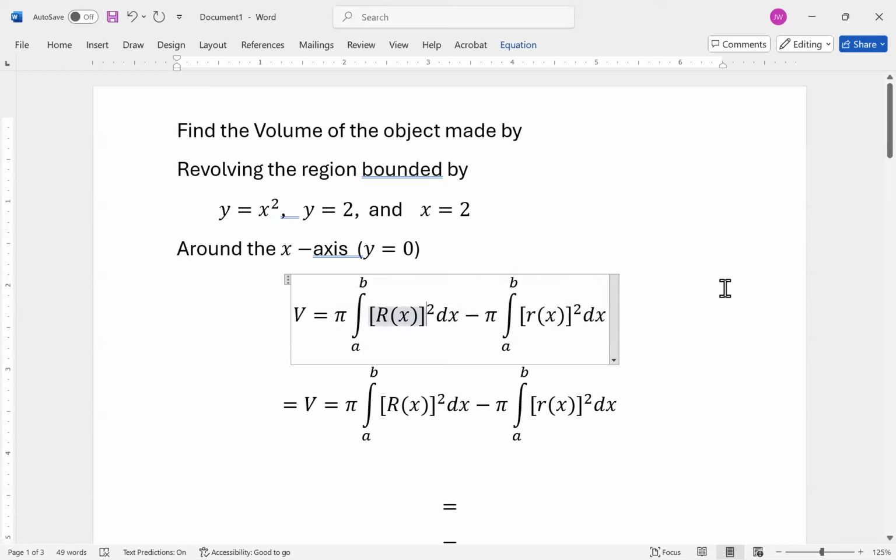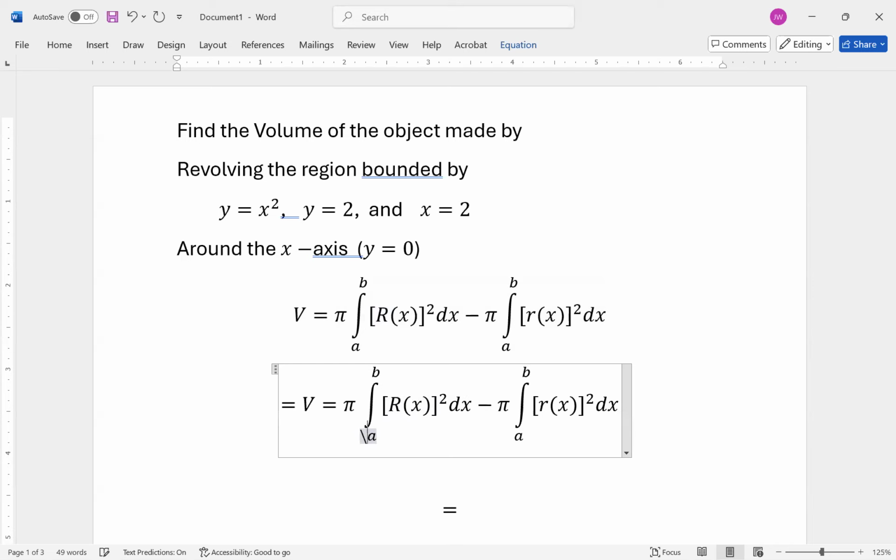My rectangles were oriented so that we're going to be integrating with respect to x in both cases. I mentioned that my bounds on x go from the square root of 2 up to 2. That will be the case for both situations, both the inside and the outside radius.